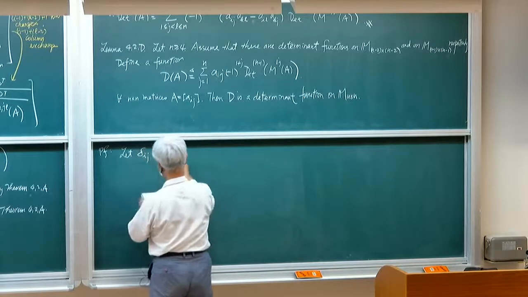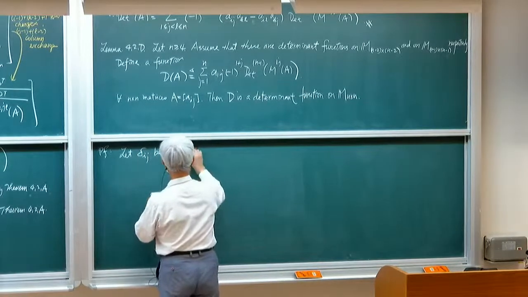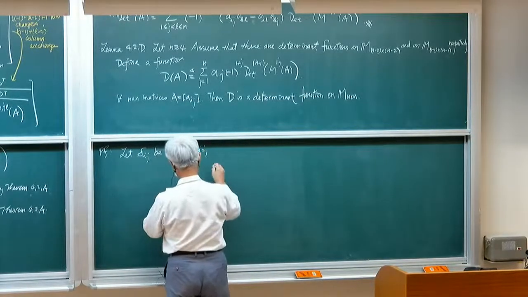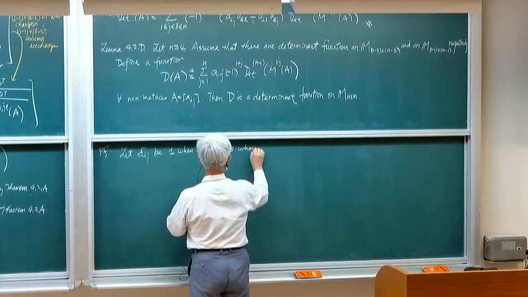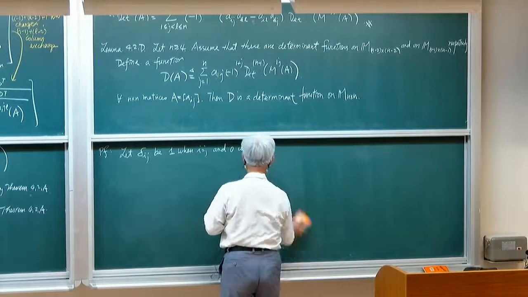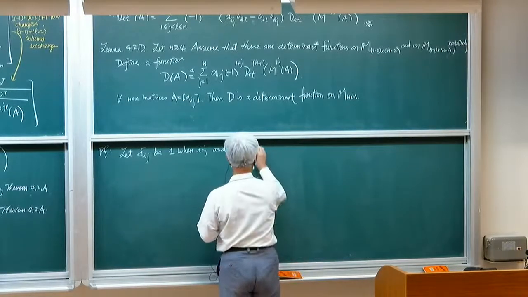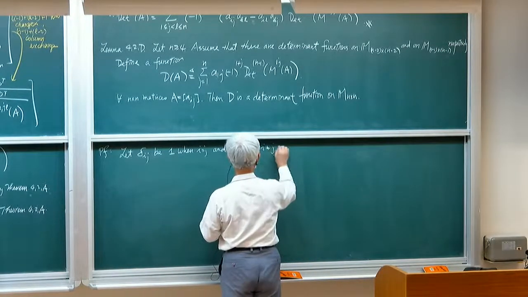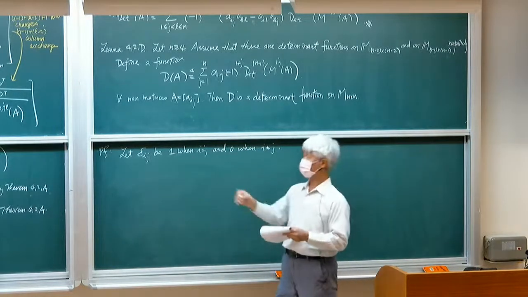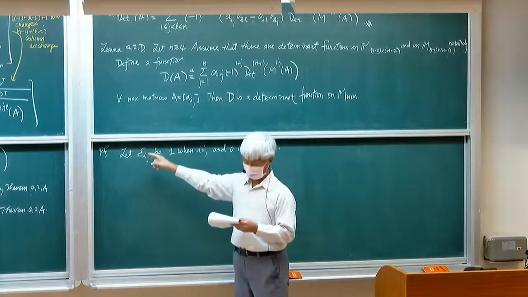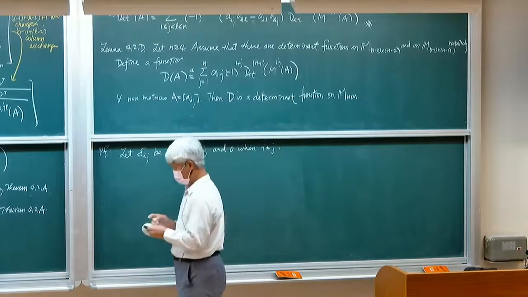So delta ij is 1 when i equals j, and 0 when i is not equal to j. So delta ij is just a notation. This is a common definition; you will see this delta notation quite often.